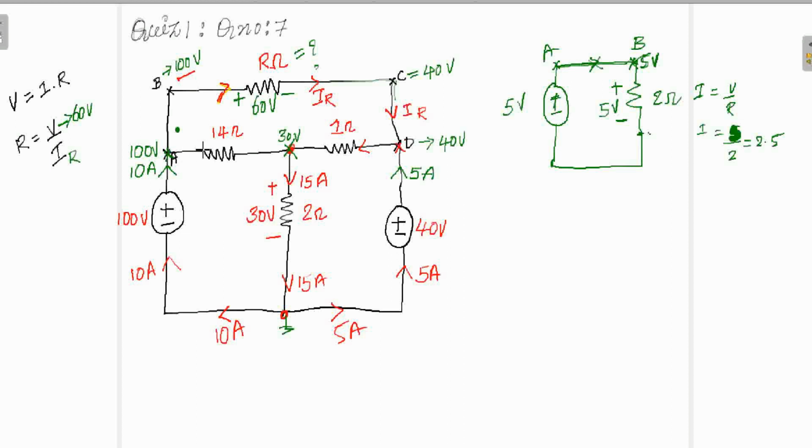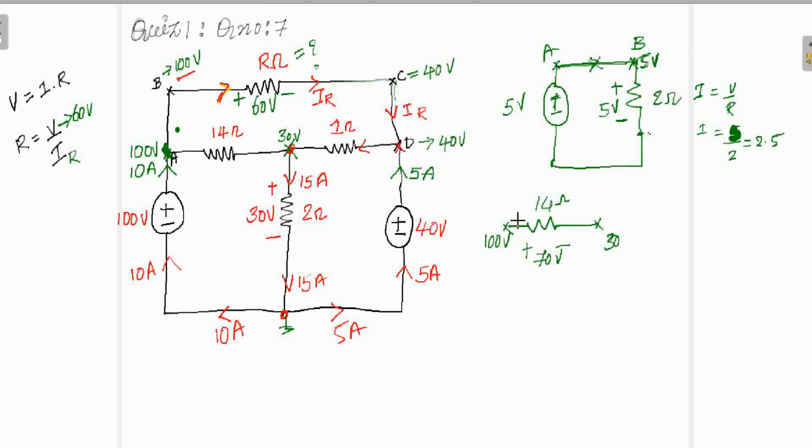For the 14 ohms, this point is at 100 volts and this point is at 30 volts. This is your 14 ohms. Then what will be the voltage? 70. So this is your 70 volts.